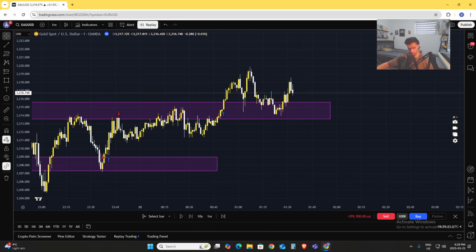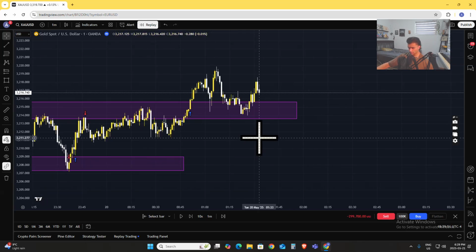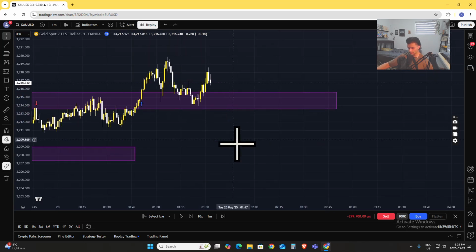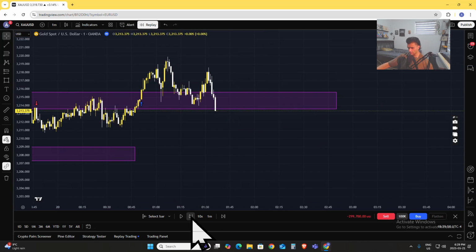Looks like there might be a possible reversal, so let me just check what the indicators are saying. Price should still be good. I want to see if we can break past this and do a retest as resistance.